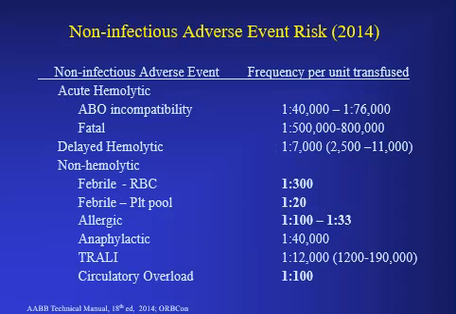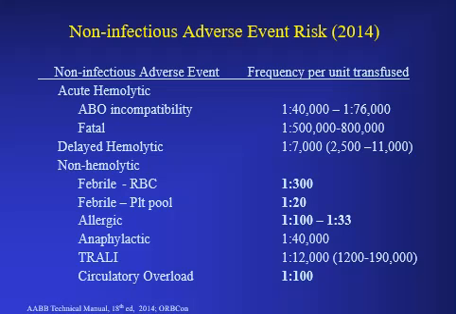Now, on the other hand, non-infectious adverse risks are much more common. Luckily, most of these are not particularly dangerous, but we'll discuss why we're concerned about those anyway. You can see these will make up the vast number of those, up to 10% of adverse events that might occur with transfusion.